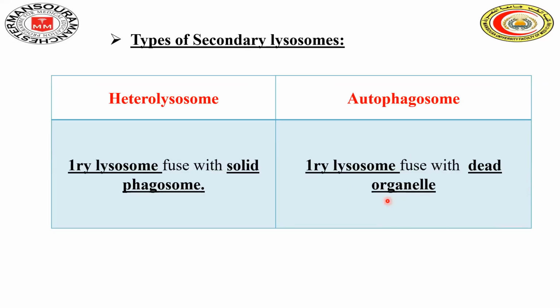Any part of the cytoplasm which is not yet functioning, the cell will discard it or remove it by being fused with primary lysosome to be digested. This is the fate of any dead organelle. So here are the two types, the two differences of the secondary lysosome.